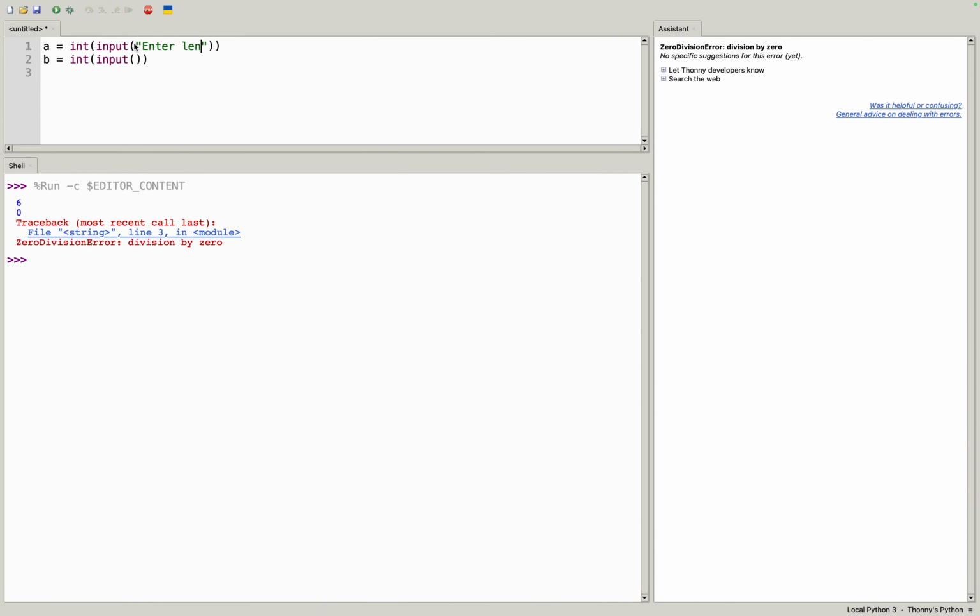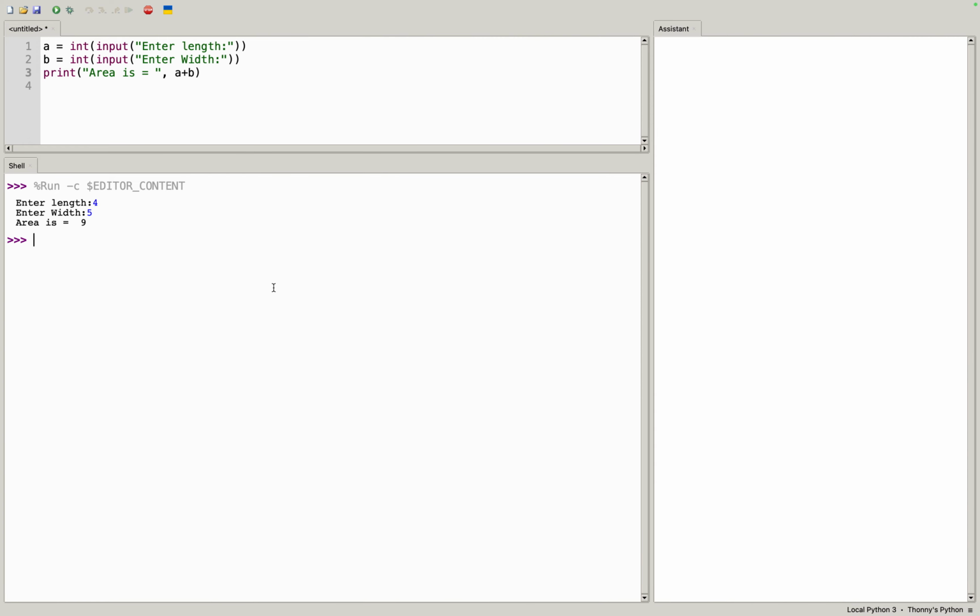Enter length, then enter width, and then we print area is equal to, comma, A plus B. So somebody tell us, the length is 4, width is 5 meter, area is 9 meter. What kind of error is here?